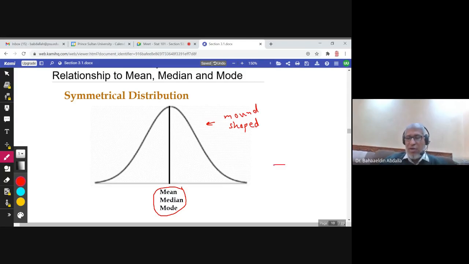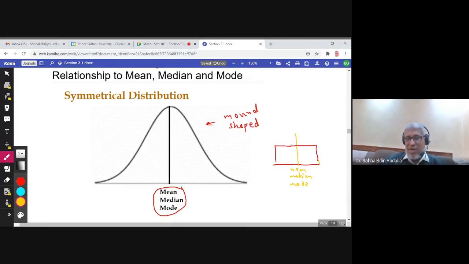You can sketch a graph like this, for example. Okay, this distribution is symmetric because if this is the middle here, this is the middle. Here in the middle, you will have all the three. You will have the mean and the median and the mode. They will be equal in the middle, and half of the data to the right and half of the data to the left of the center.